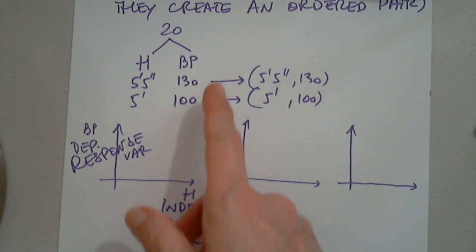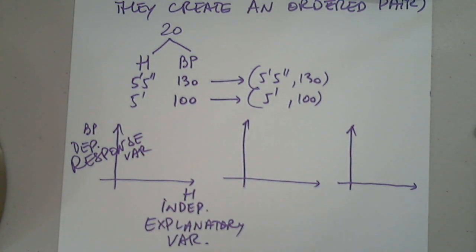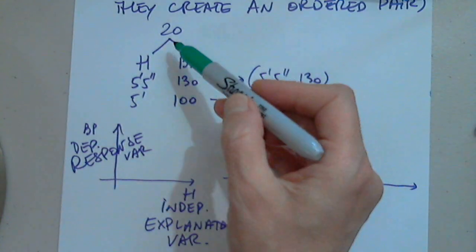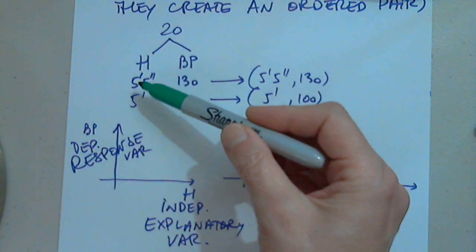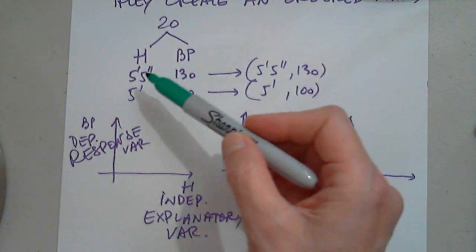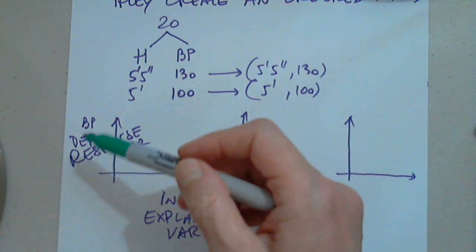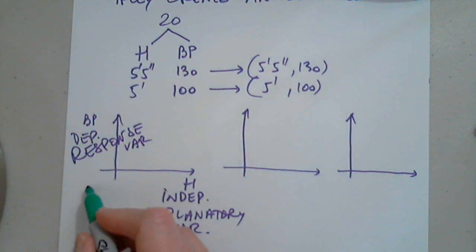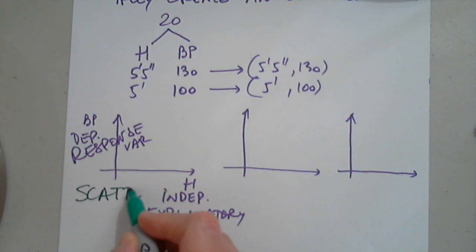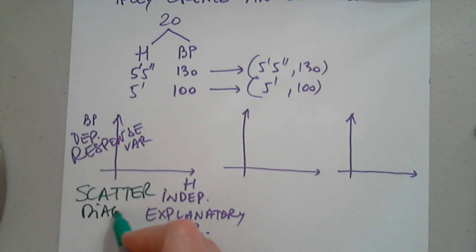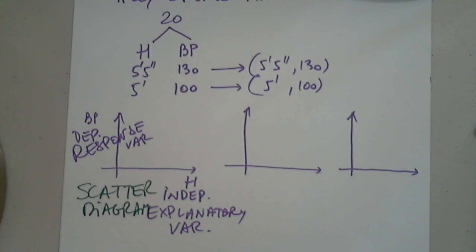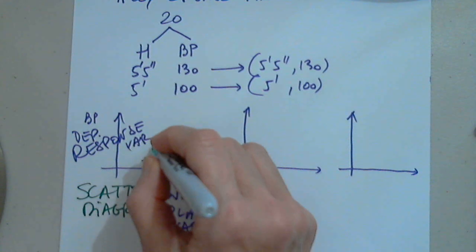Let's suppose I plot all the ordered pairs. I have 20 ordered pairs; I measure every one of you, their height and blood pressure. Then I create what is called a scatter diagram. Let's suppose the scatter diagram looks like this.